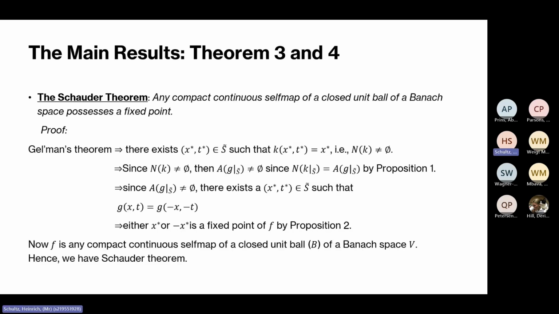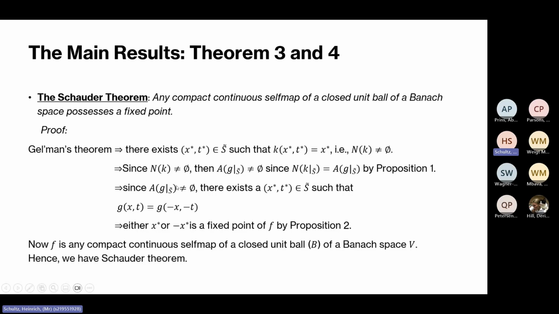Then we can move on to the Schauder theorem, which states that any compact continuous self-map of a closed unit ball of a Banach space possesses a fixed point. The proof here starts off with the Leray-Schauder theorem. The Leray-Schauder theorem allows us to have a point (x star, t star) in S tilde such that K of (x star, t star) is equal to x star, which means that the set of fixed points of K, NK, is non-empty.